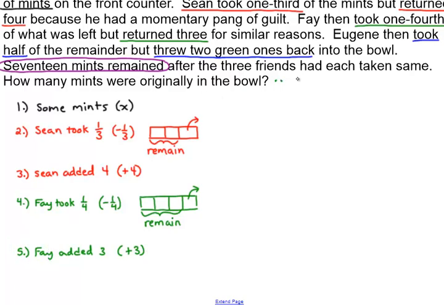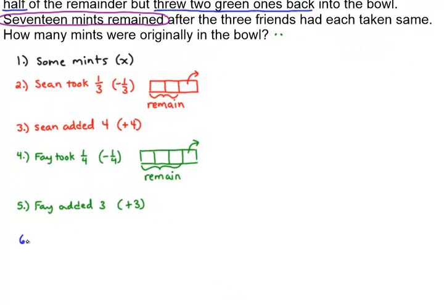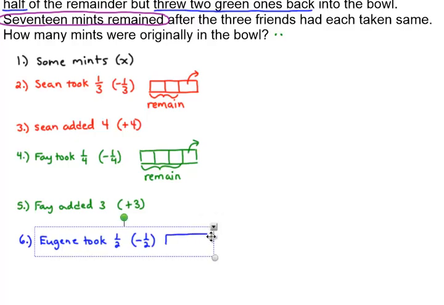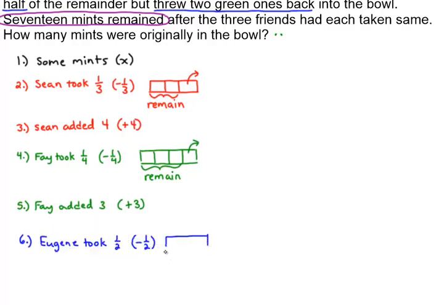Okay, so then after Faye, we're going to talk about Eugene. Eugene took half. So Eugene took 1/2. So there's the 1/2 that he took.